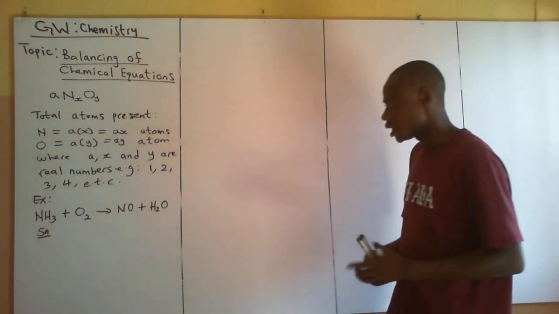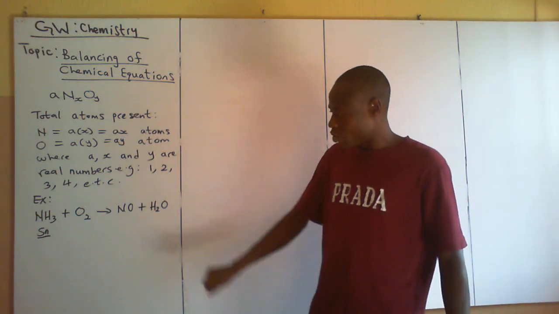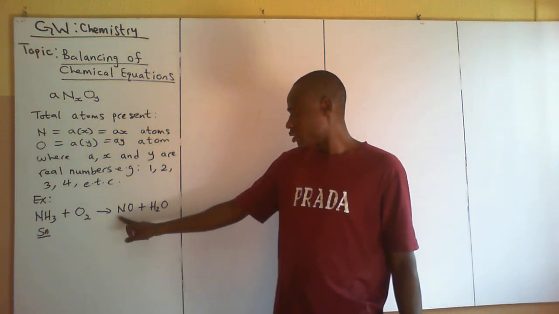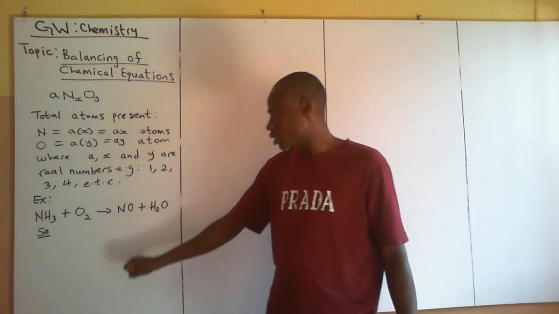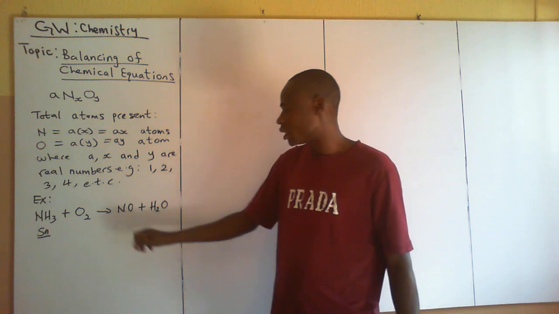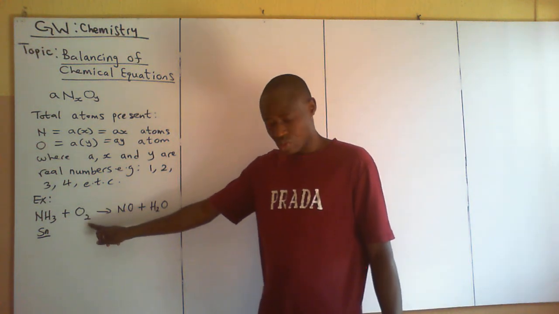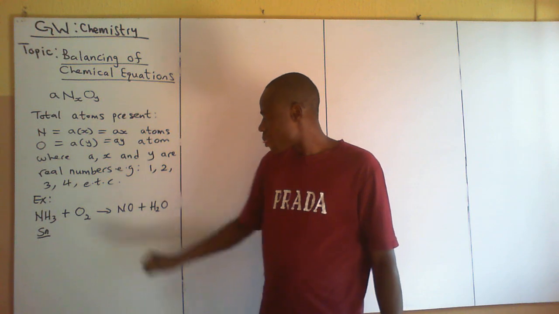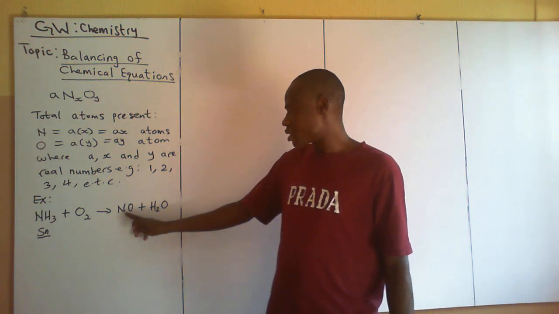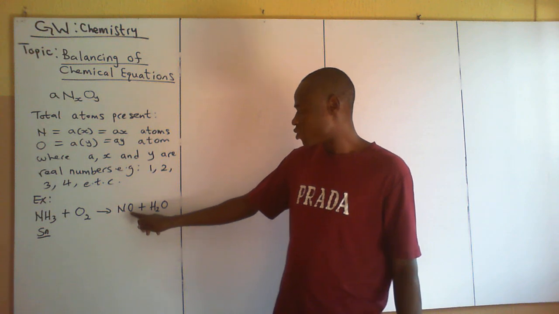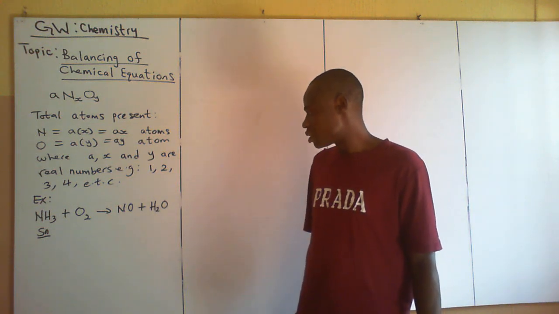balance this particular equation. You look at it, nitrogen is already balanced. Nitrogen is balanced, one nitrogen. Oxygen is 2 oxygen here at the left hand side, and at the right hand side we have 2 oxygen.